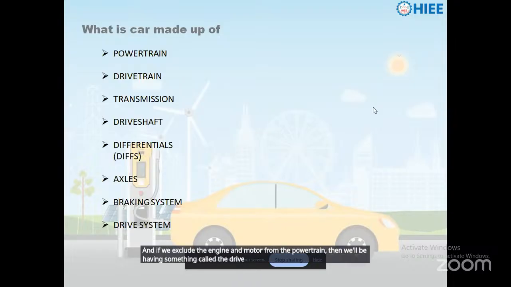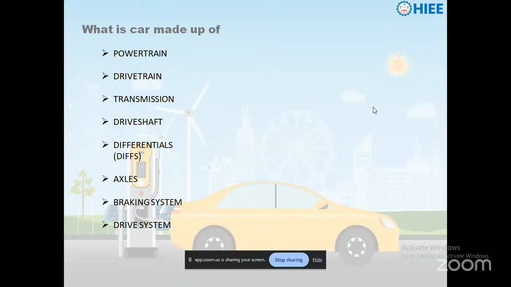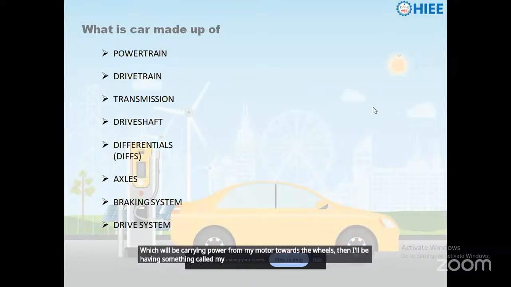Next, the transmission has the clutch and gear mechanism, which carries power from the motor towards the wheels. Then we have the differential, which delivers an equal amount of power to the wheels.